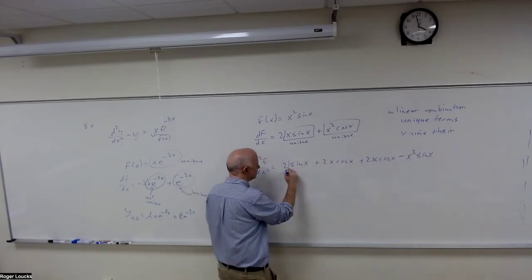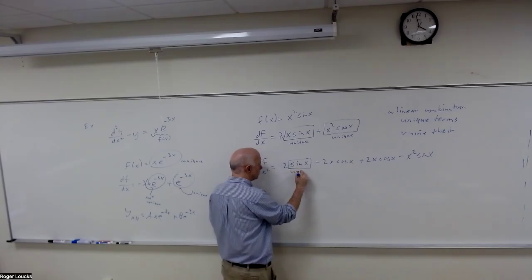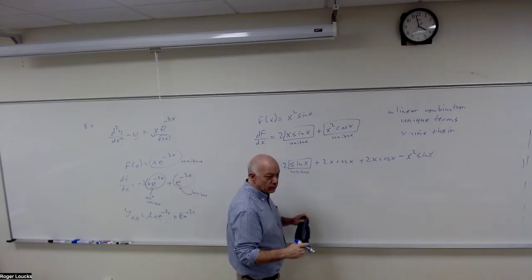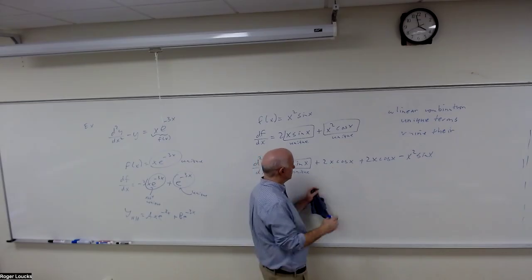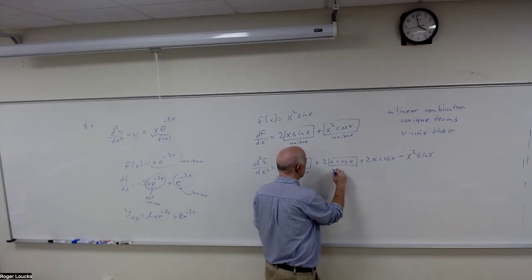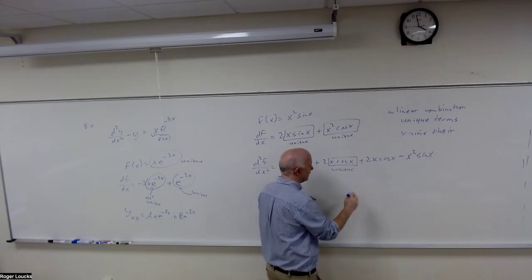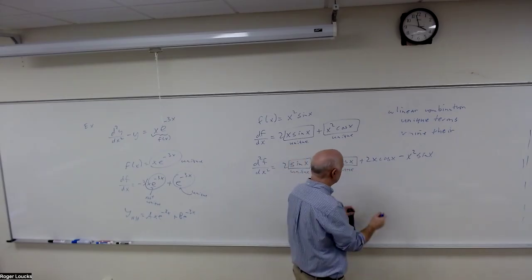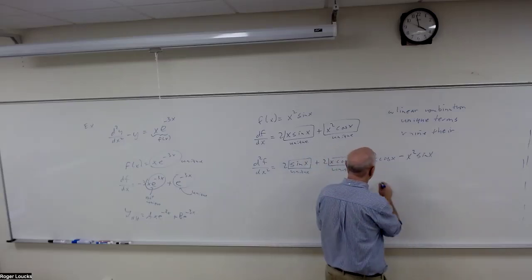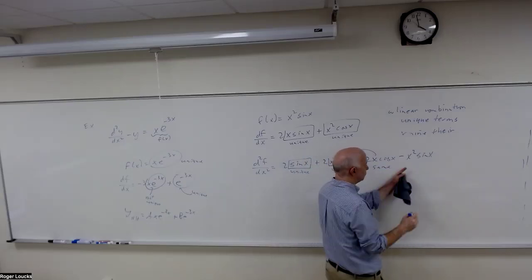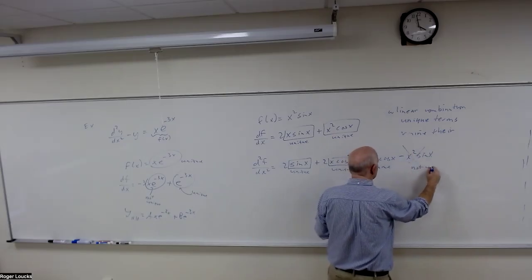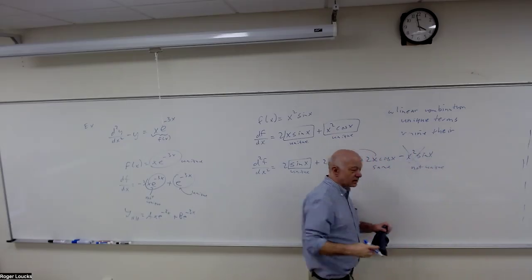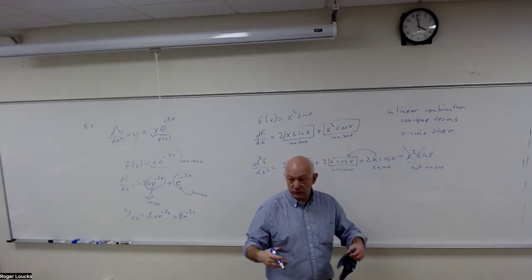Is this unique? Yes. Okay, is this unique? Yes. Is this unique? It's the same as this. Is this unique? No, not unique. So I'm not going to get anything new from that. When I take the next derivative, I'm not even going to worry.